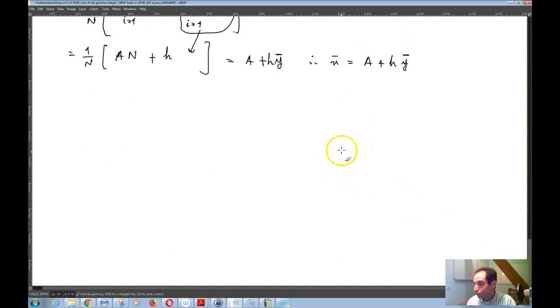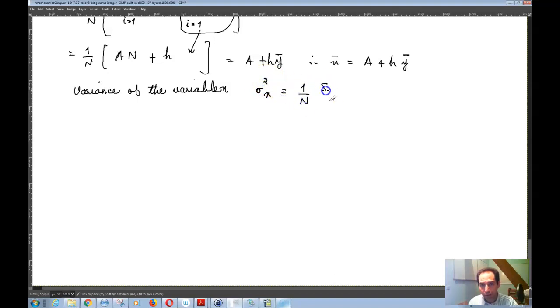So now we said that the variance of the variable x, sigma of x whole squared, is equal to 1 over n sigma of f of i times x of i minus x bar whole squared as i goes from 1 to n.